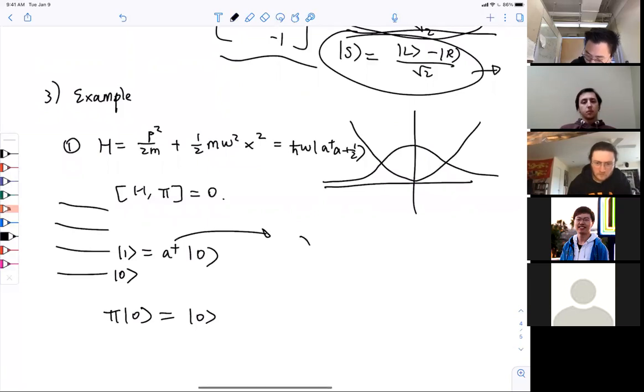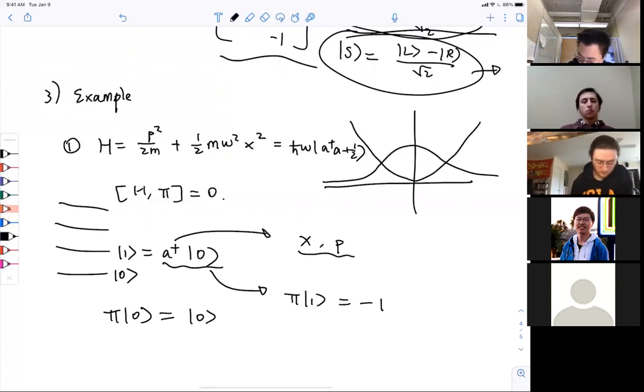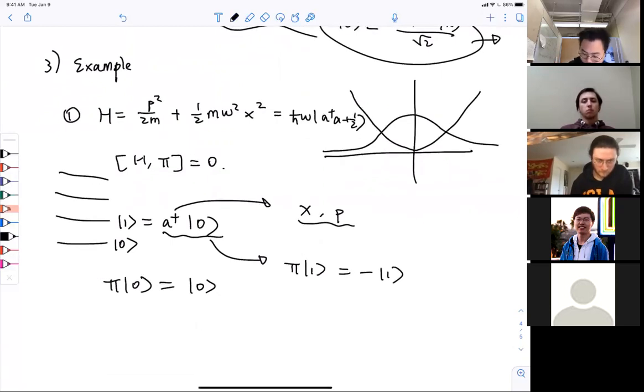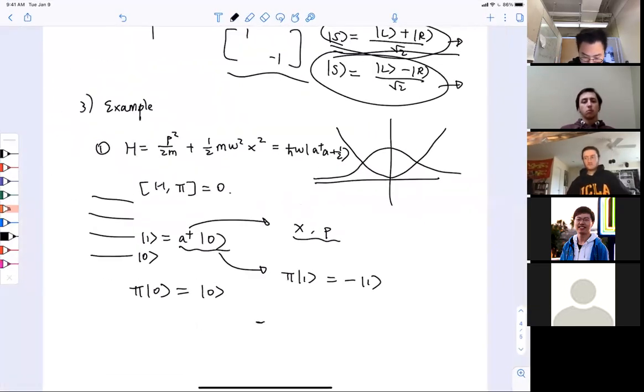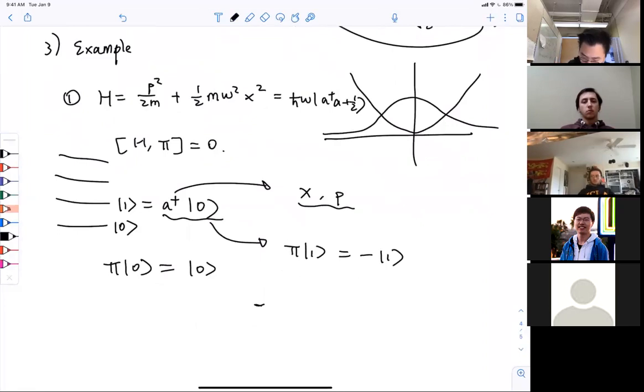A dagger is some linear combination of x and p. X and p will flip the sign under parity, meaning that this state would also flip the sign. So this is the odd state, and state 1, according to the definition, looks like this.